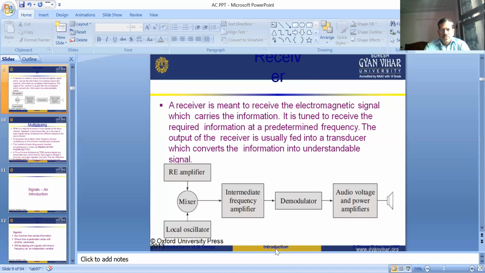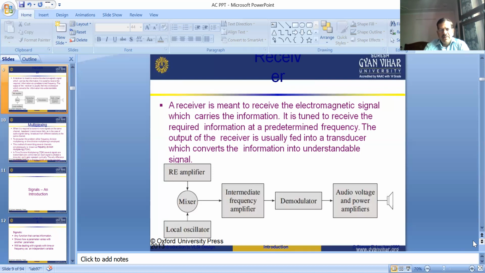So those are both processes, modulation and demodulation, and we have discussed them in this topic. Modulation and demodulation play an important role in a communication system, in transmitting a signal from source to destination, from one place to another.